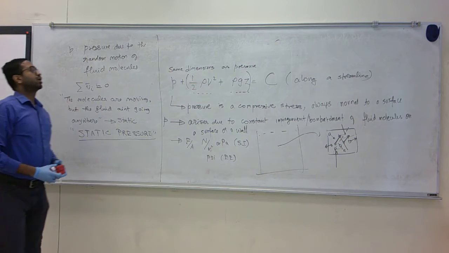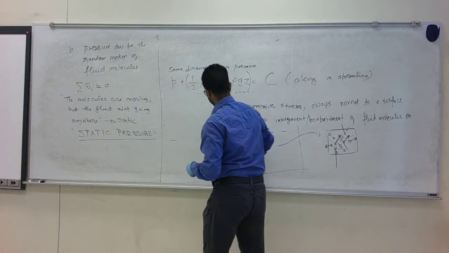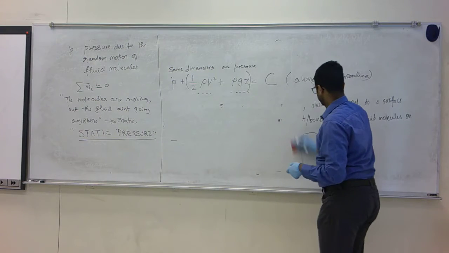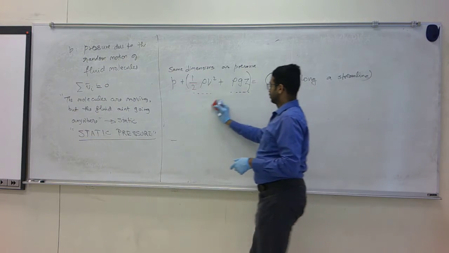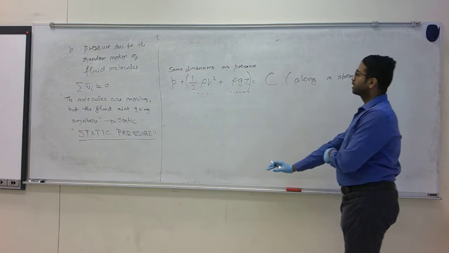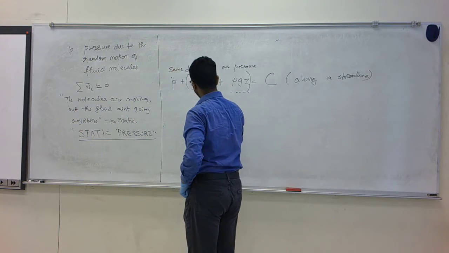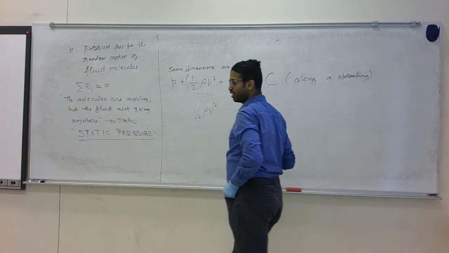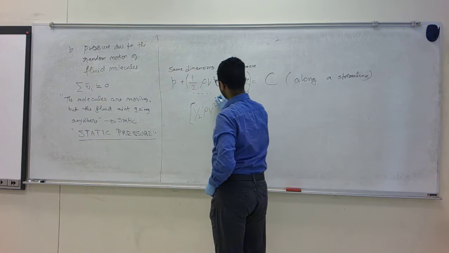Now, if you look at the second term, half rho v squared, let's check its dimensions.